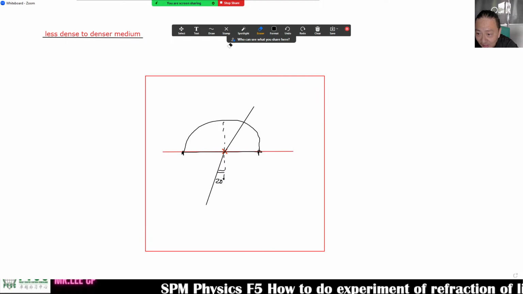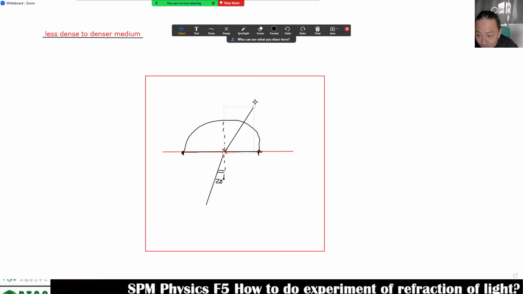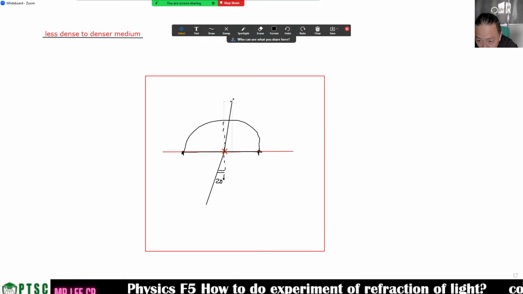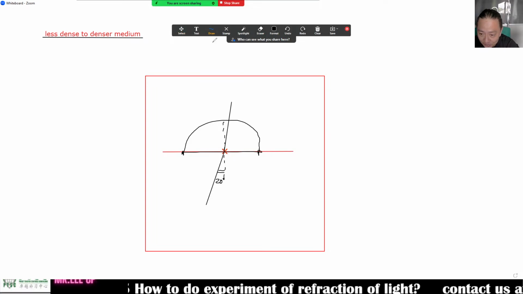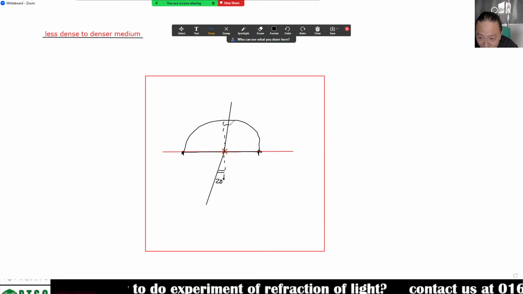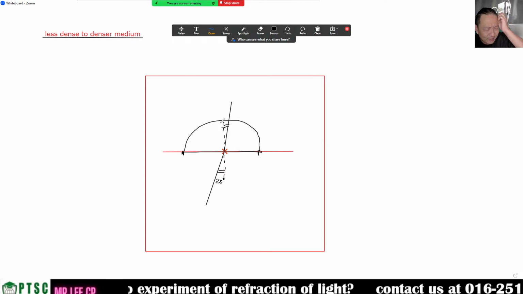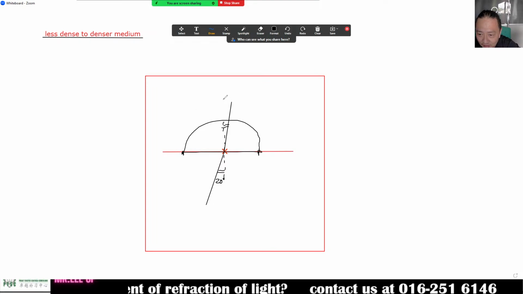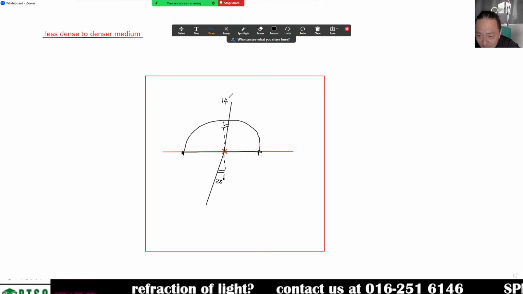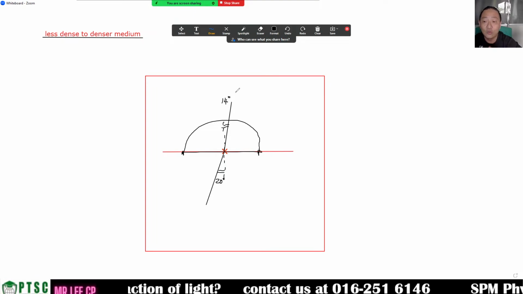Less dense to denser. Oh, it moved toward the normal. I'm sorry. You find this angle is smaller. So maybe this one is, oh, I remember, 14 or 15. Yesterday we have done it. Something like 14 or 15. Let's say 14. So you mark this one.